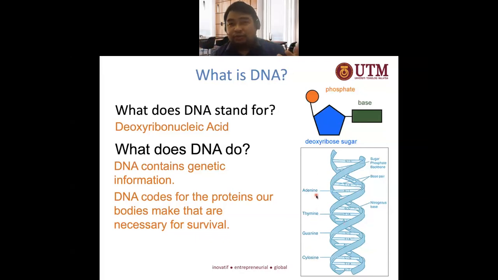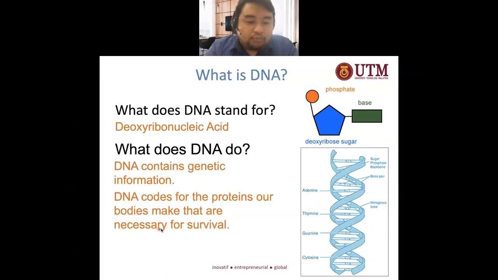Adenine is always paired with thymine, and vice versa. Guanine is also always paired with cytosine, and vice versa. When these bases are connected to each other by hydrogen bonds, it creates this helical shape.